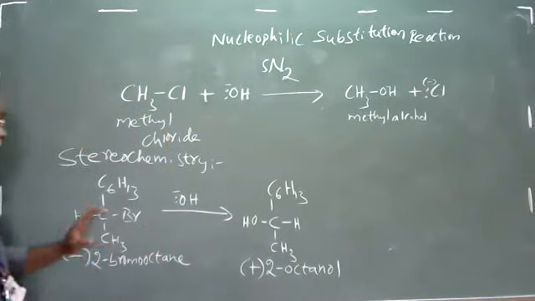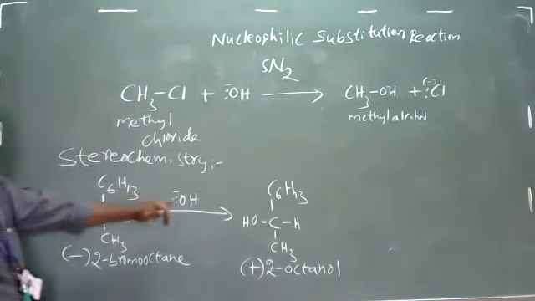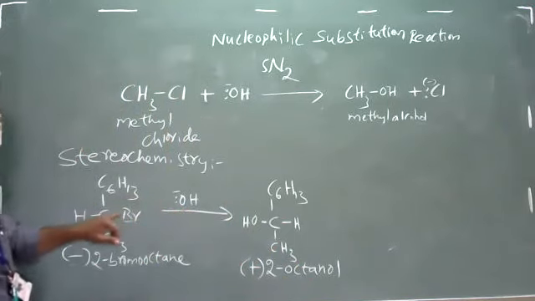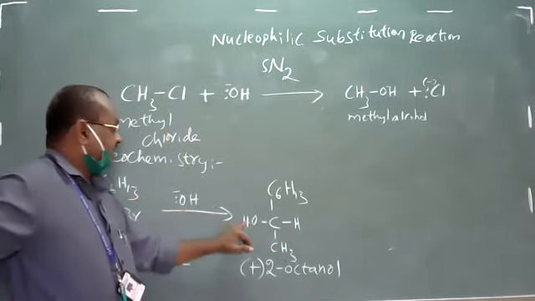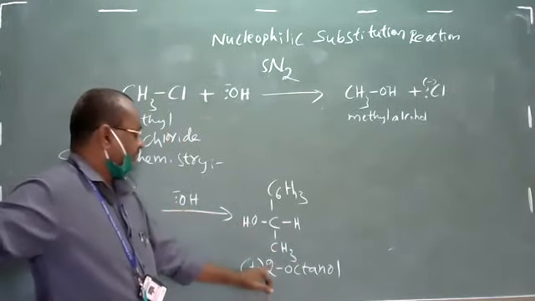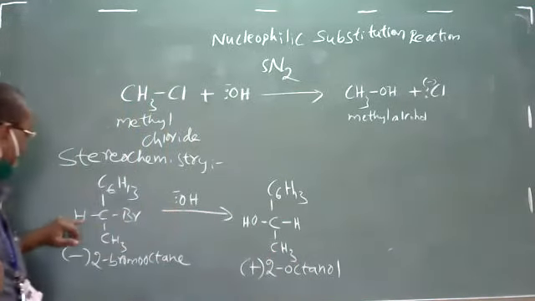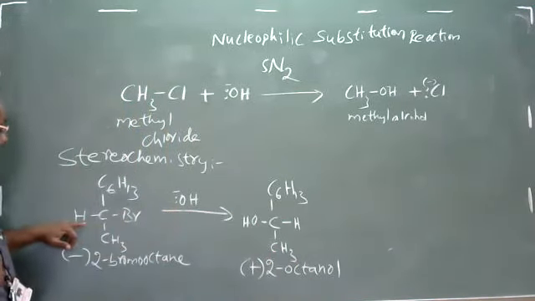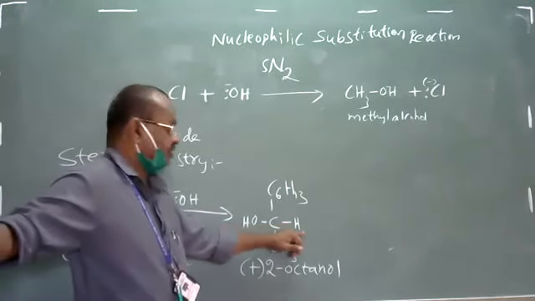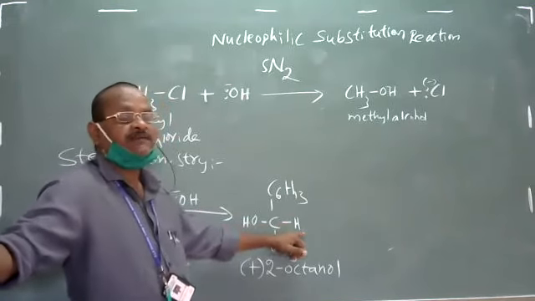So the change in configuration takes place by the attack of this nucleophile. Because it attacks at the rear side, it forms the dextrorotatory form. The configuration is changed. The H you find here in the reactant is on the left side, and in the product it is on the right side.